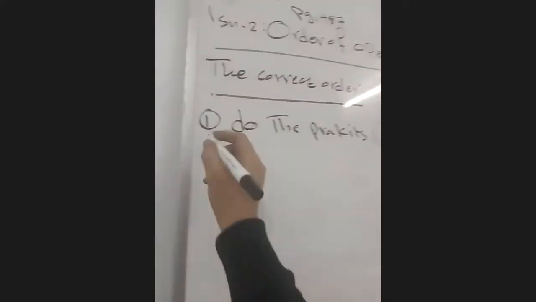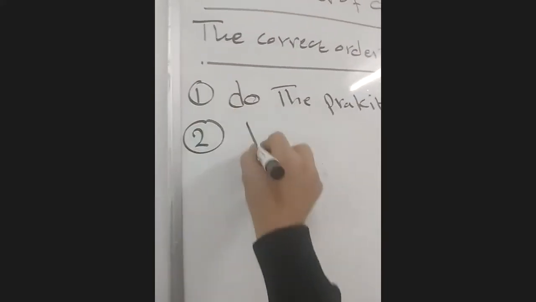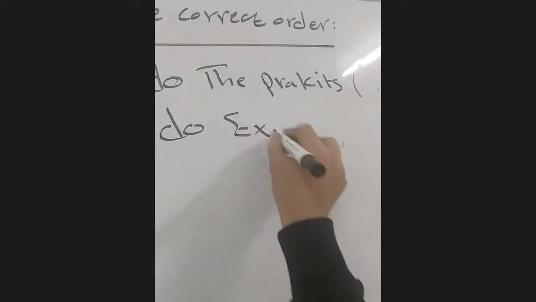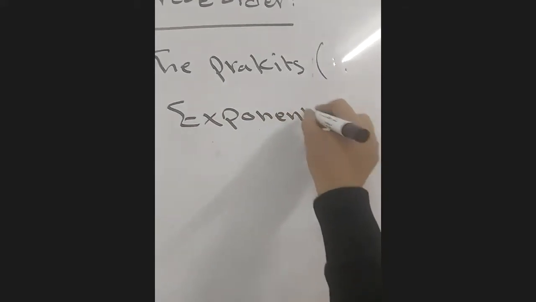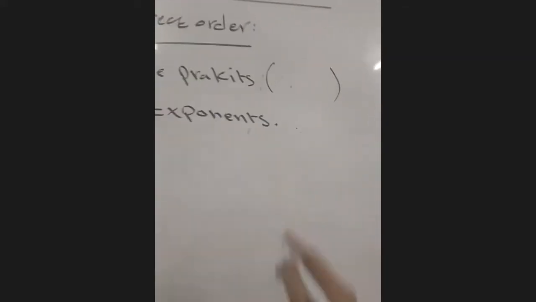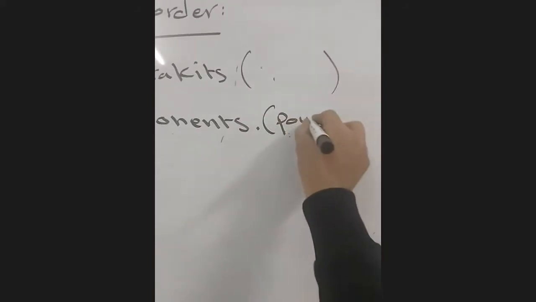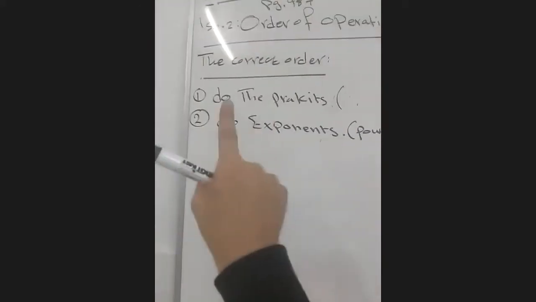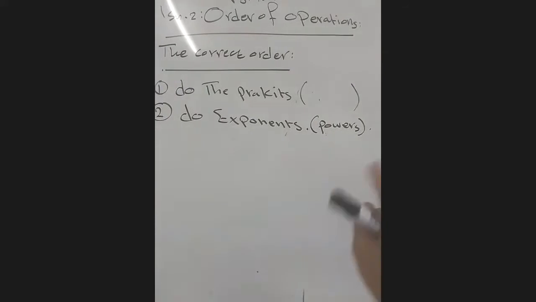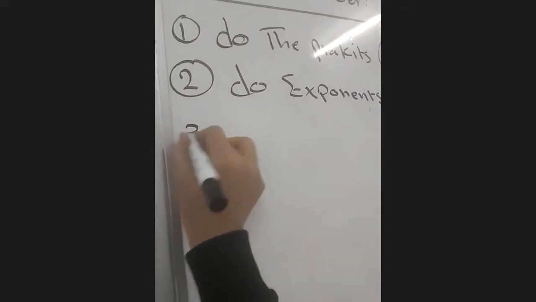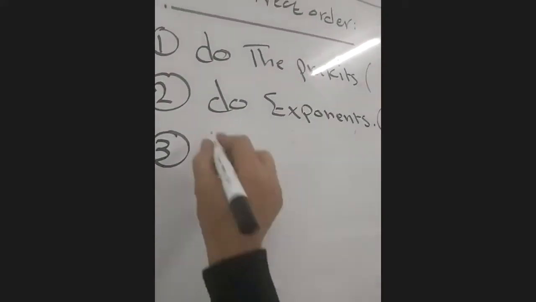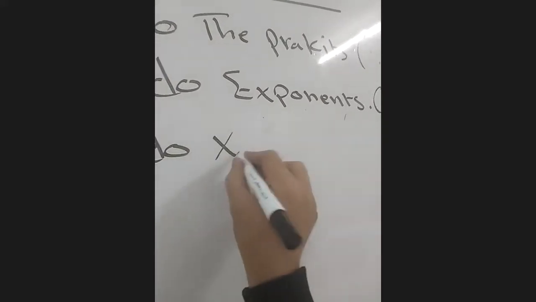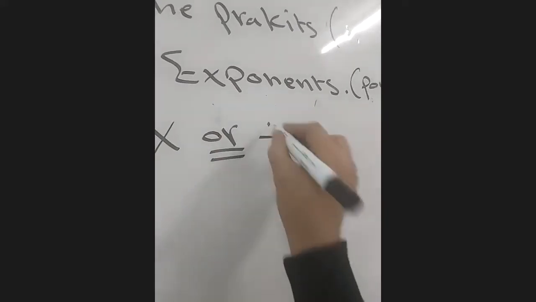After you are done with the brackets, second thing, do exponents, the powers. We did it before. Third step, which is an important one, do multiply or divide from left to right.